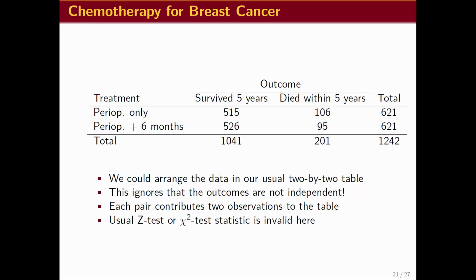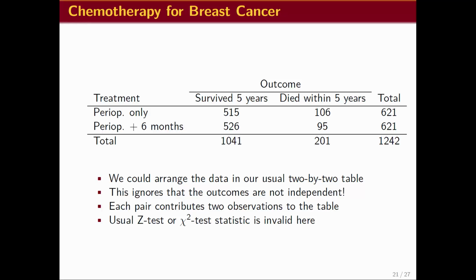So either a z-test or a chi-square test, the standard stuff that we do, is not valid with this particular kind of table. All I'm trying to point out is that it's important to understand the study design and not just say, oh, 2x2 table, therefore chi-square test will work. It is possible to arrange data in this way.